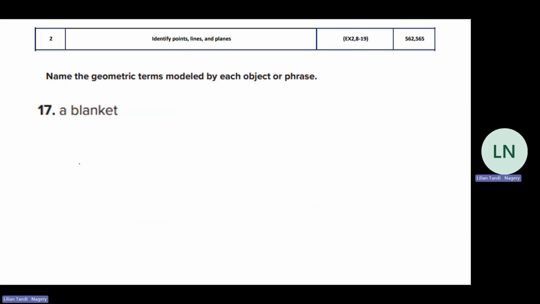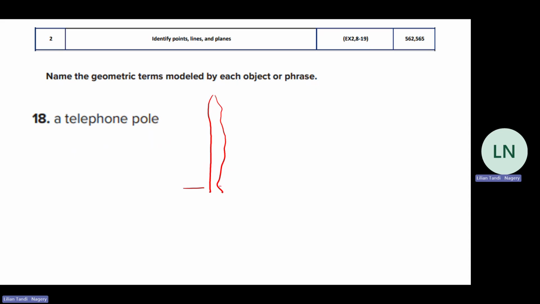Okay. A blanket is a flat surface because you cover it on your bed. So because it is a flat surface and it is two-dimensional, so this will be a plane. Okay. The telephone pole is a straight line like that. That's how it comes. And it goes to the ground like this. And there is wires that go through it like that.